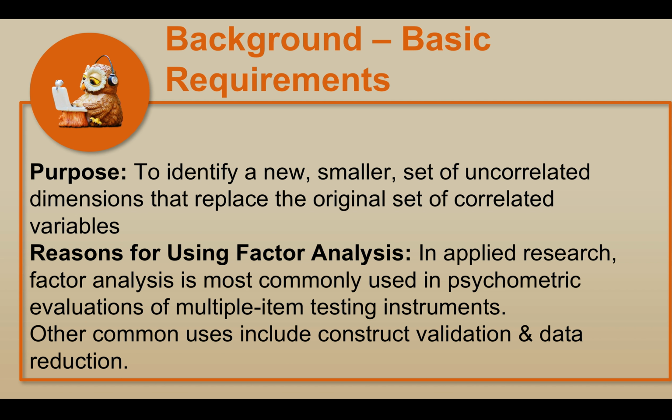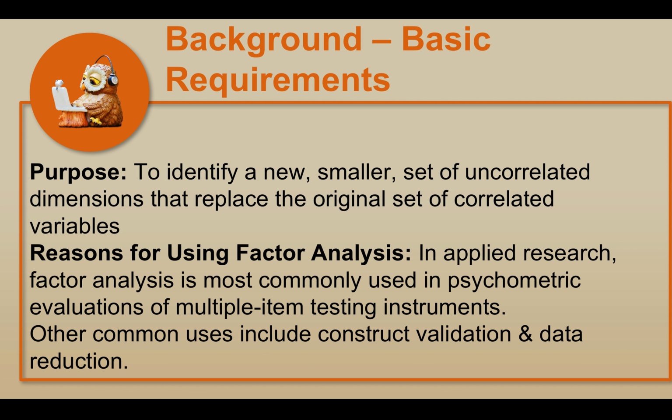The purpose of using factor analysis is to identify a smaller, new set of uncorrelated or correlated dimensions that replace the original set of your correlated variables. We typically use this in applied research like agricultural communications, extension education, or agricultural education when we're doing a psychometric evaluation of a multiple item testing instrument, such as a survey.